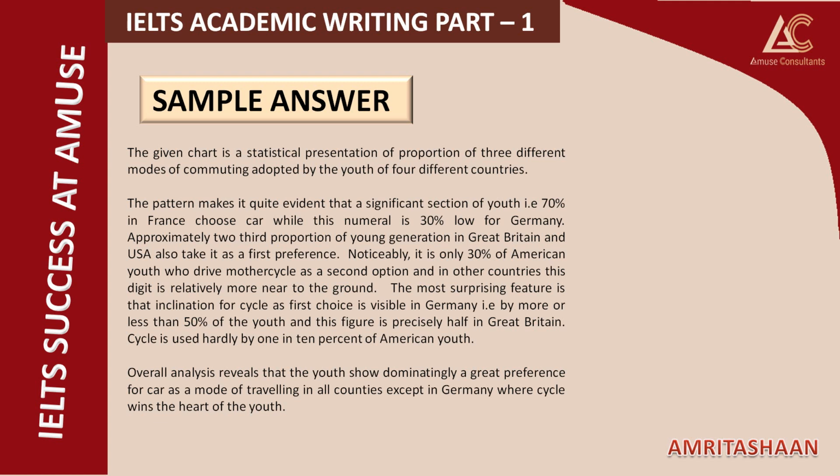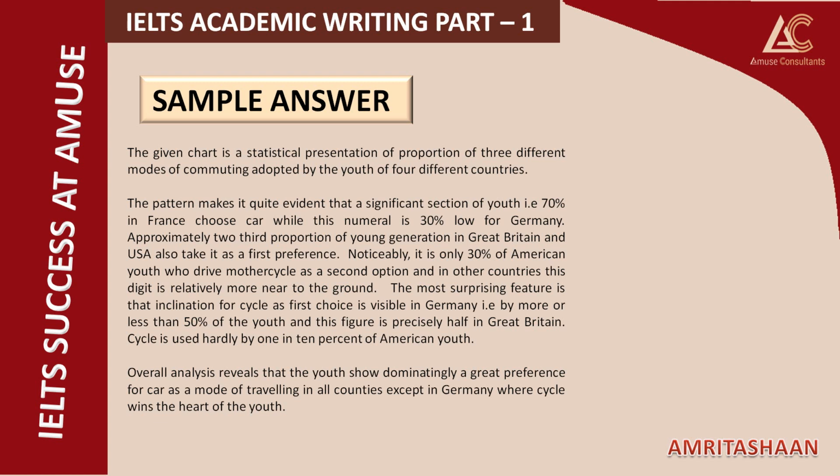The most surprising feature is that inclination for cycle as a first choice is visible for Germany, that is, by more or less than 50% of youth. And this figure is precisely half in Great Britain. Cycle is hardly used by 1 in 10% of American youth.